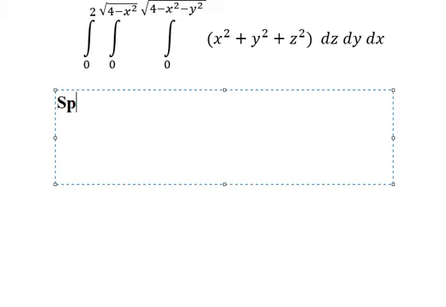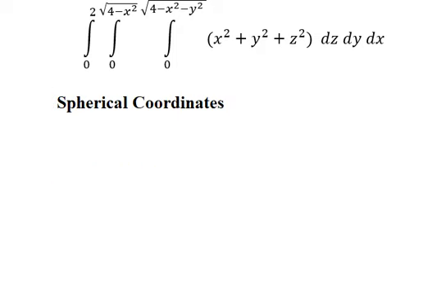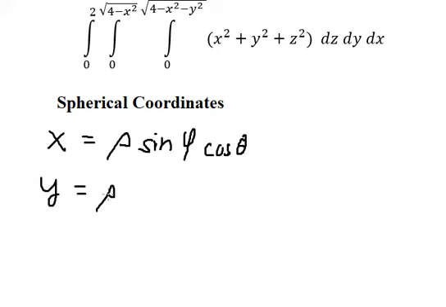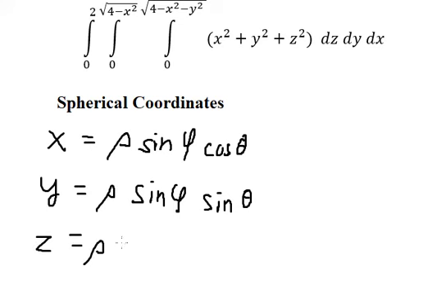We can use spherical coordinates. So I will put x equals rho sine phi cosine theta, and y equals rho sine phi sine theta, and z equals rho cosine phi.